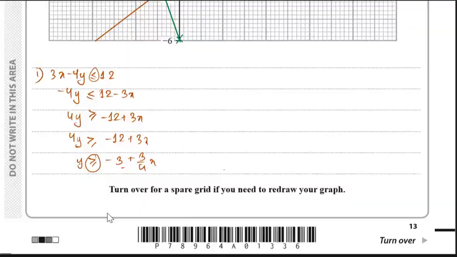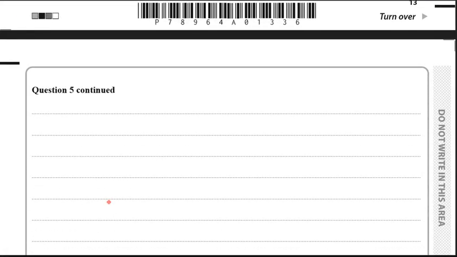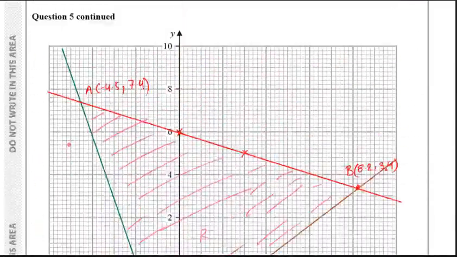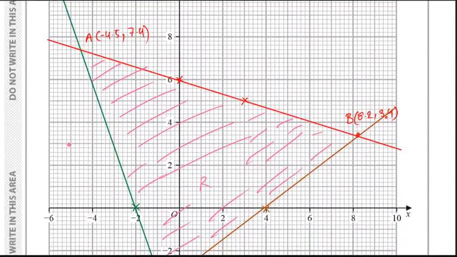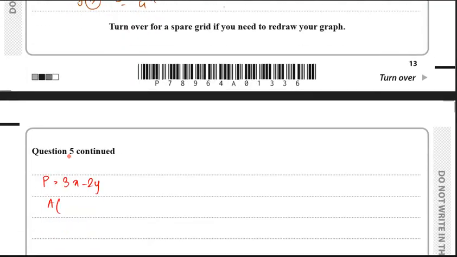So now let's use this. I have said that p equals 3x minus 2y. So for A we got negative 4.5 and positive 7.4.